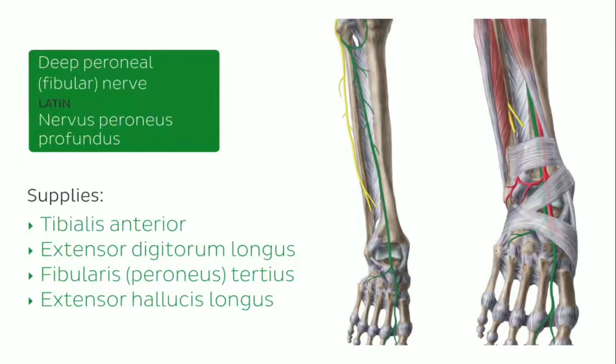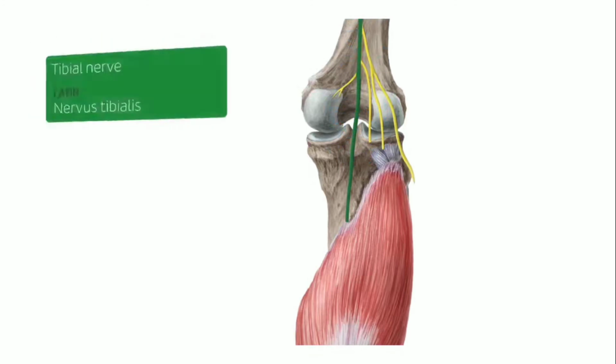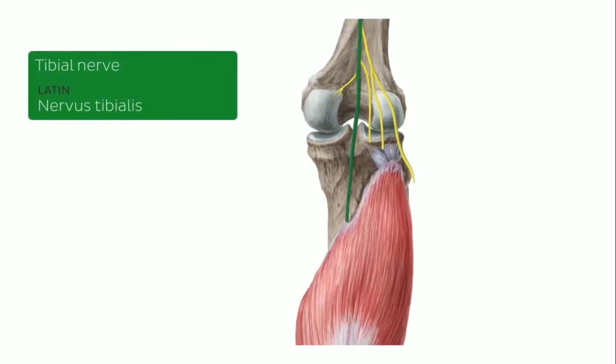We are going to finish this tutorial talking about this nerve that we're now seeing from a posterior view of the lower leg and also a bit of the thigh here, and more specifically the knee joint, notice here. This is known as the tibial nerve. The tibial nerve is a branch of the sciatic nerve.